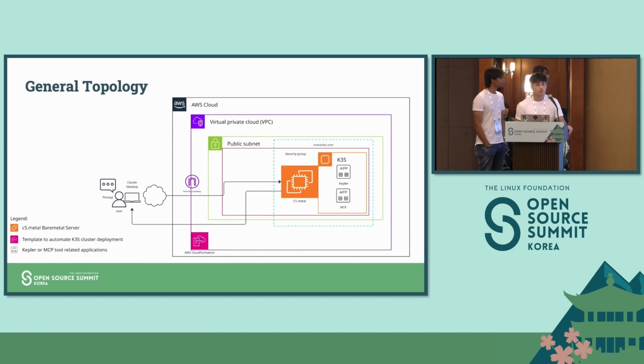Deploying this C5 metal as a unique server, on top of it I install the lightweight Kubernetes K3s, and on top of it I have Kepler as a pod, along with the MCP that I will explain later. Besides this, having all the solutions in the cloud gave me the chance to fully automate it, so I will show you how you can just run scripts to deploy this whole demo by yourselves.